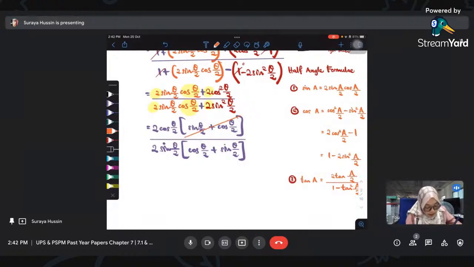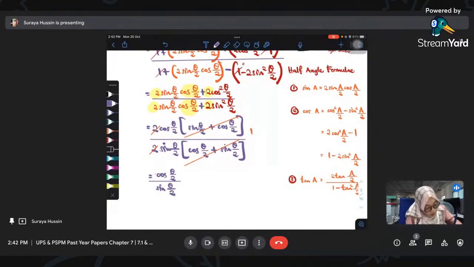And so, cut number 2, you akan dapat cos theta over 2 divided with sin theta over 2.